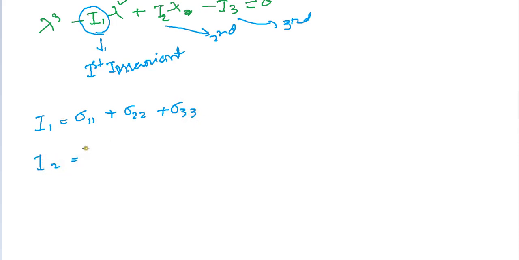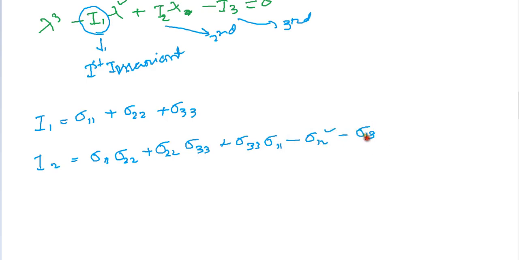I2 we already know: sigma 1 1 sigma 2 2 plus sigma 2 2 sigma 3 3 plus sigma 3 3 sigma 1 1 minus sigma 1 2 whole squared minus sigma 1 3 whole squared minus sigma 2 3 whole squared.